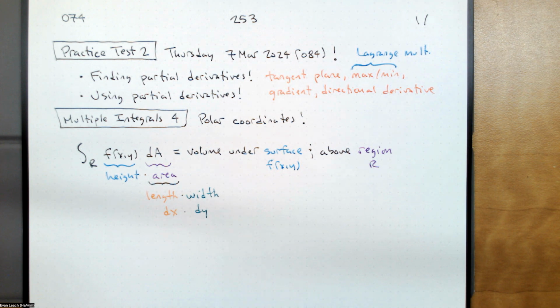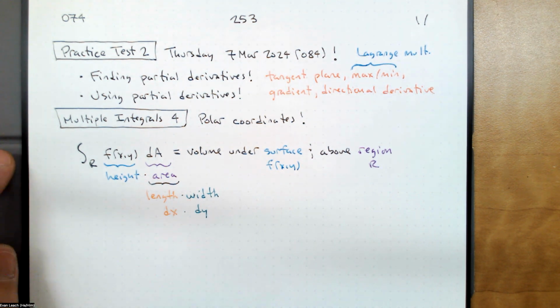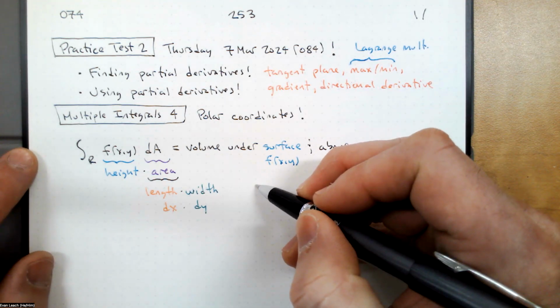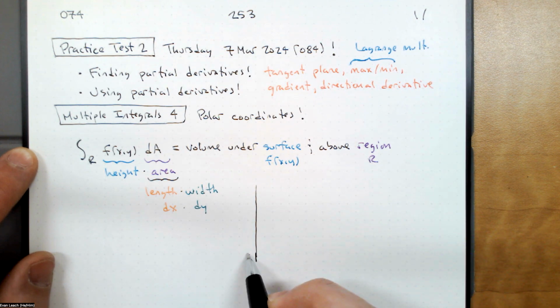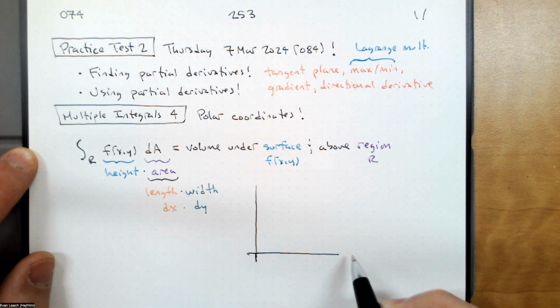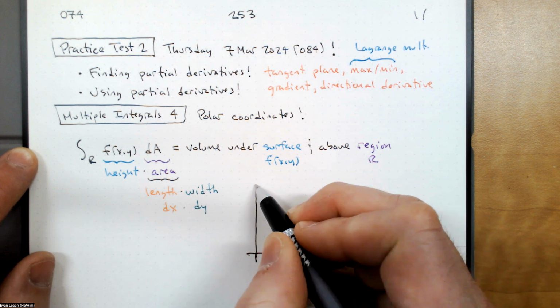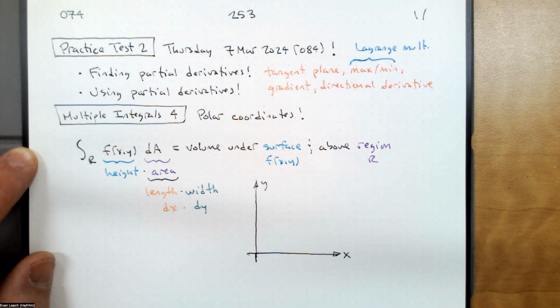Since we were using rectangular coordinates, I was breaking up the region into little rectangles with length dx and width dy. So the dA was written as dx times dy, or dy times dx. The picture from above, we would have some region. And we'd have some dx.